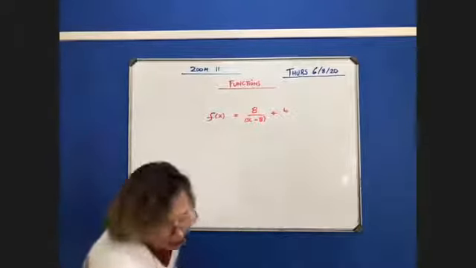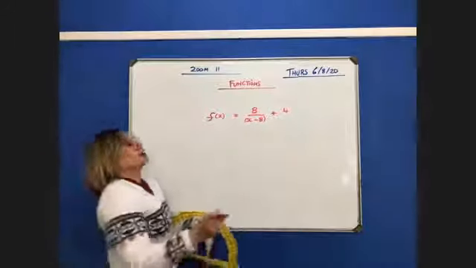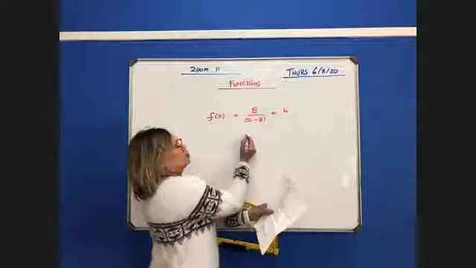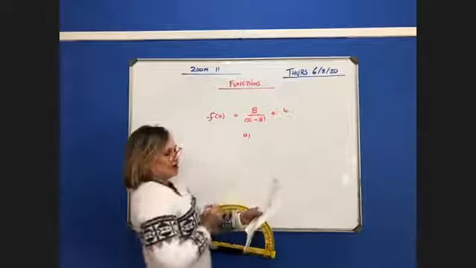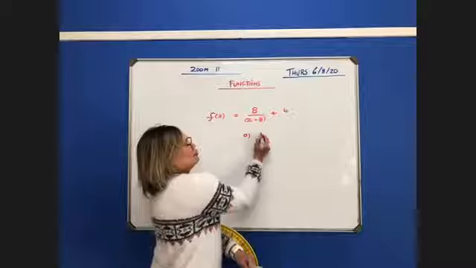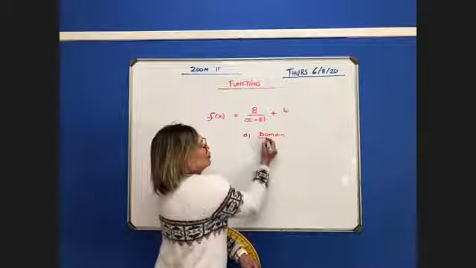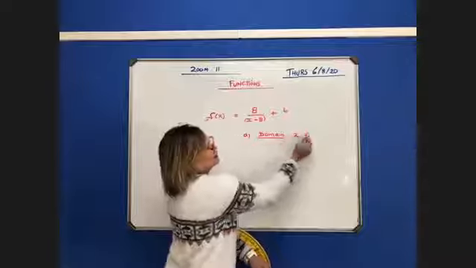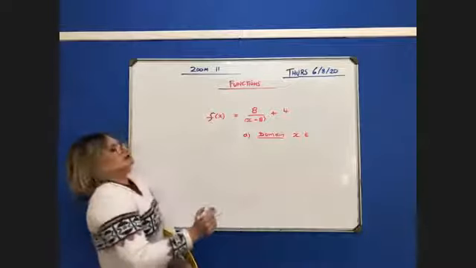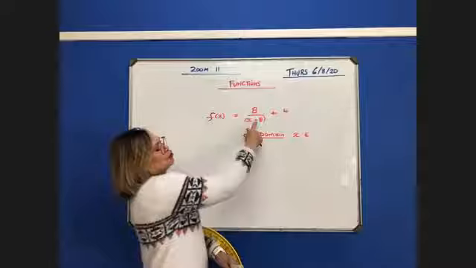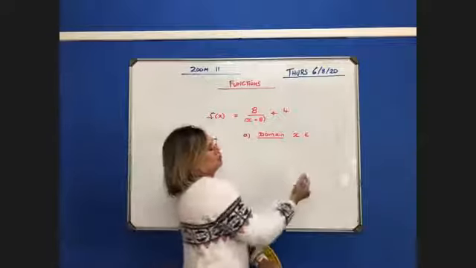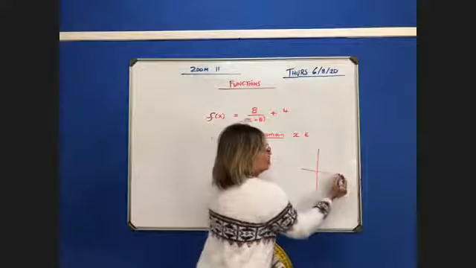Now, you've got to answer the question in the order they want. The first question says, write down the domain. Remember the word domain, that is a flat word, so we're looking at the x element. Always see what your asymptotes are doing.